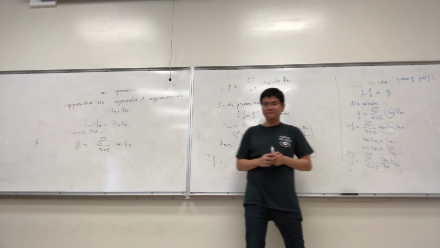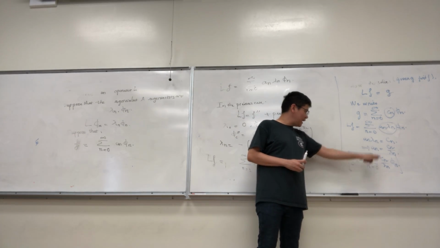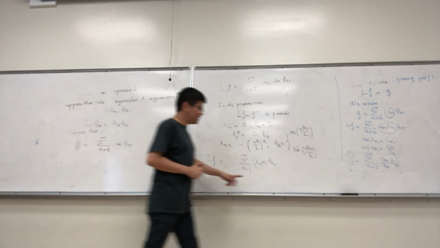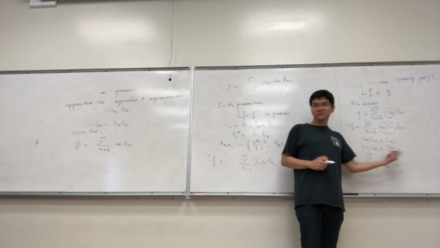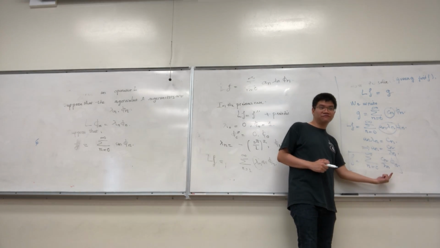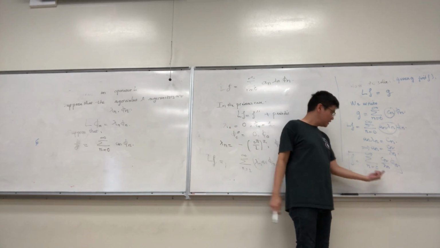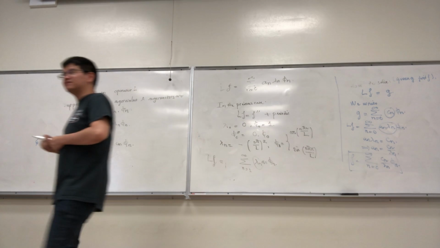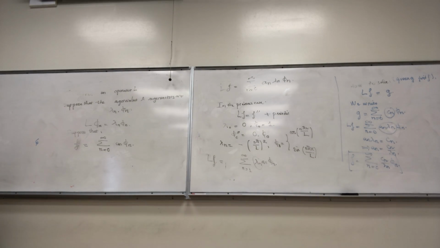So you replace an into the formula of this f, and then you have all of those coefficients of the function f. So you have the value of the function f that you need. It's clear? Questions? It's good?